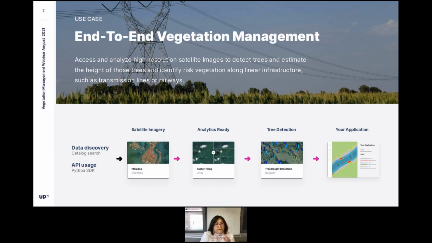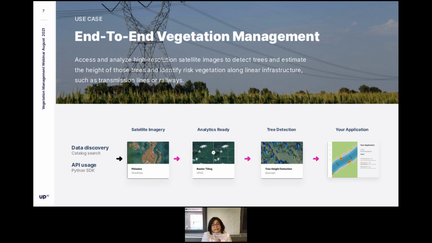First, you go to the catalog search to do data discovery. The first step is accessing high-resolution satellite imagery along electric transmission lines, railways, or other critical infrastructure. The second step is the tiling algorithm, a preprocessing algorithm that supports the final algorithm, so you have a more efficient process to achieve your goal.